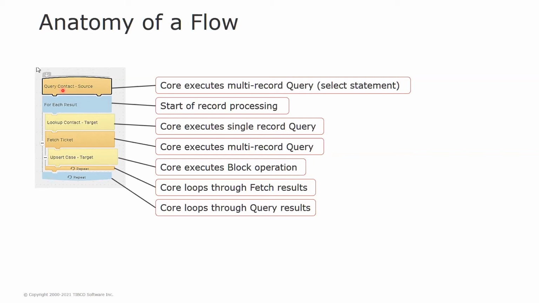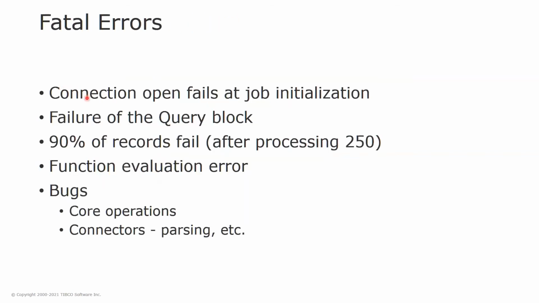Other things that could cause fatal errors are if you have 90% of the records fail. What happens is the job starts up and it retrieves this array of records and starts looping through them. When you're first making an integration, sometimes you'll have some logic error where every single record fails. So instead of continuing to process 10, 100, 1,000, a million records, it will process the first 250 records.